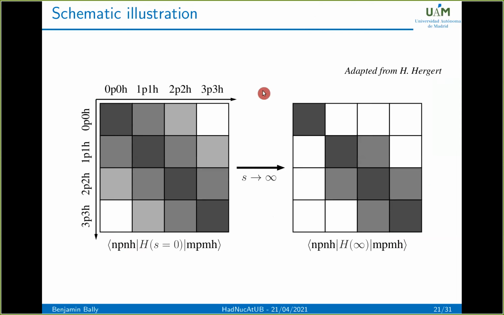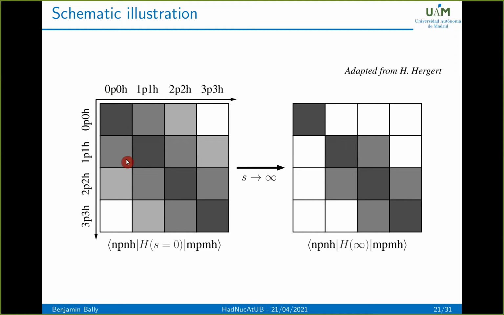Here you have a schematic representation of how it works. If you start with your Hamiltonian at S equal to 0, and I call 0 particle 0 hole my reference state, here I represent the matrix of the Hamiltonian for the different particle excitations on top of my reference state.